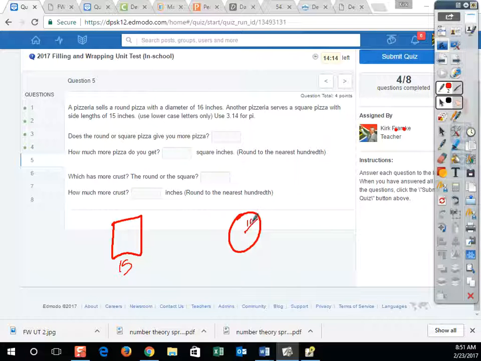Okay, our square pizza, 15 times 15 is going to have an area of 225. For this one, we have a diameter of 16, so we have a radius of 8. So we have pi times 8 squared, so we have 64 pi. And 64 times 3.14 is 200.96.